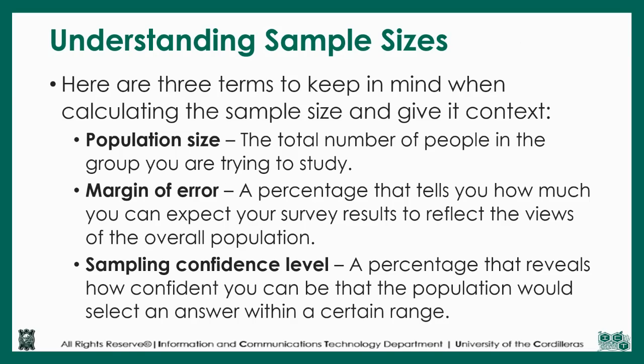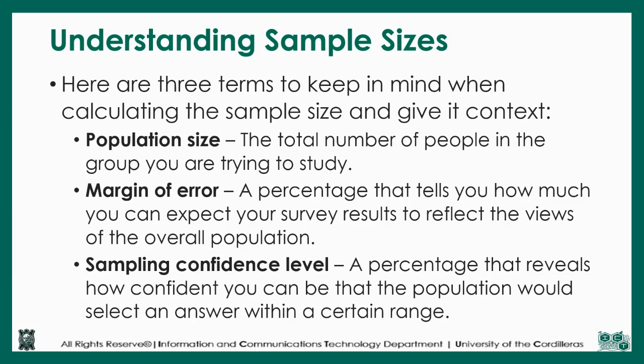How accurate are the 200 participants, how accurate are their answers in representing the 5,000 or so students in the UC Senior High School department? And lastly, sampling confidence level. This is a percentage that reveals how confident you can be that the population would select an answer within a certain range. So this is a sort of assumption. Usually you can base it on your review of related literature or RRL.